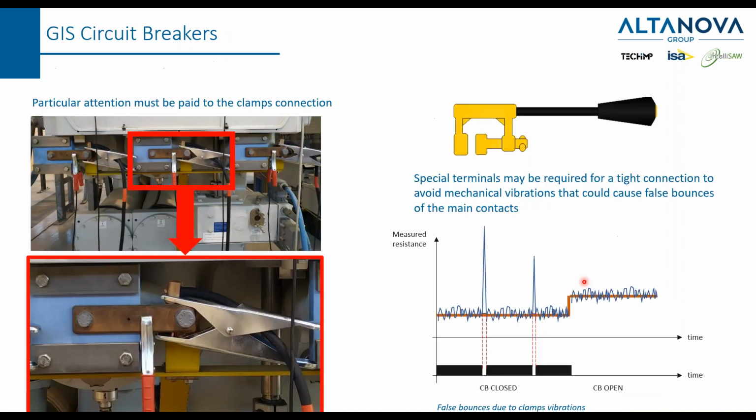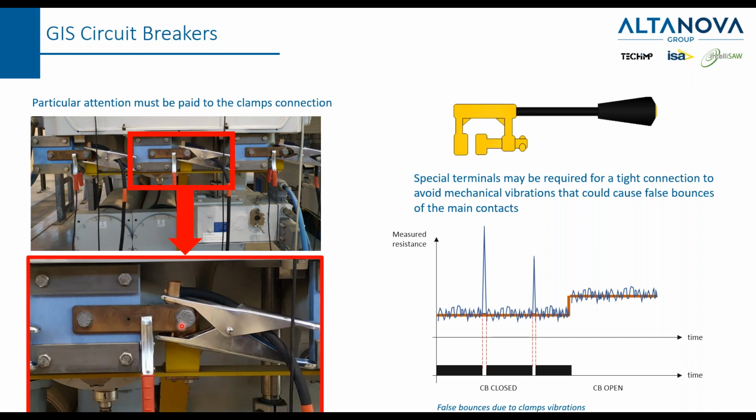But GIS breakers introduce one difficulty, that is the connection. If you want to connect a clamp, you really have to find the proper position where to place it. And not in all GIS breakers do you find a comfortable position where to connect this clamp.